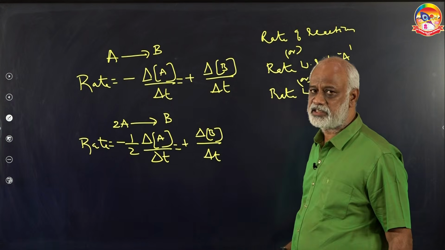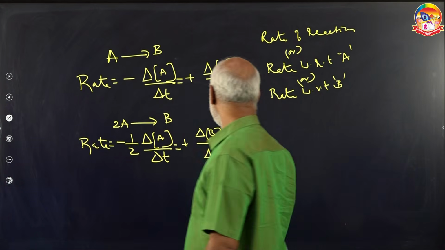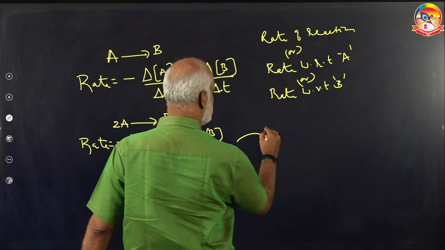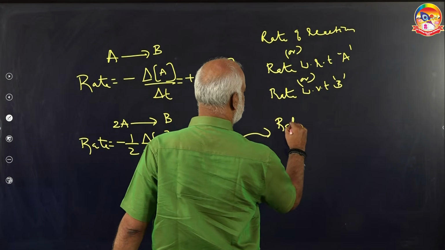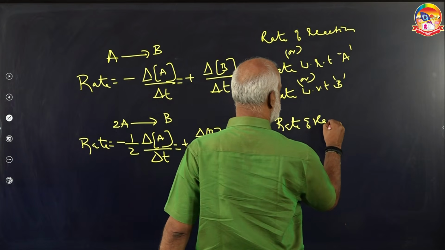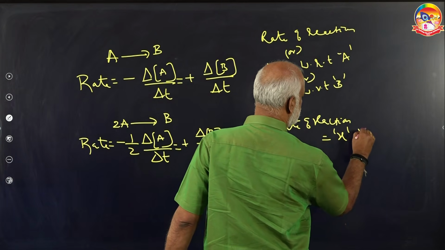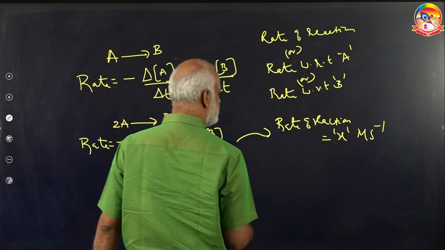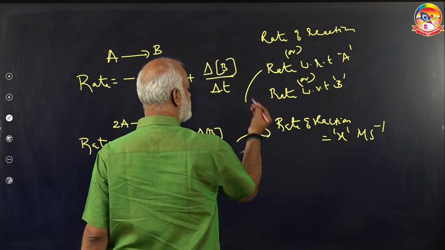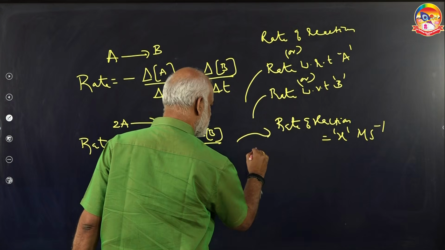Once you say rate of reaction, suppose for this reaction the rate of reaction is x moles per second, then what is the rate with respect to A, and the rate with respect to B?